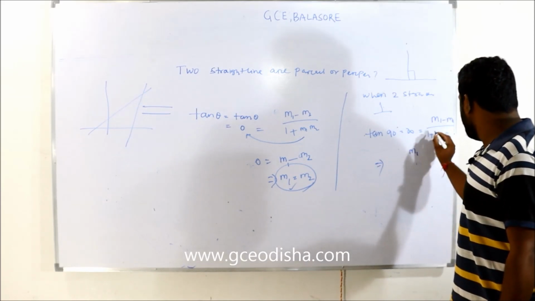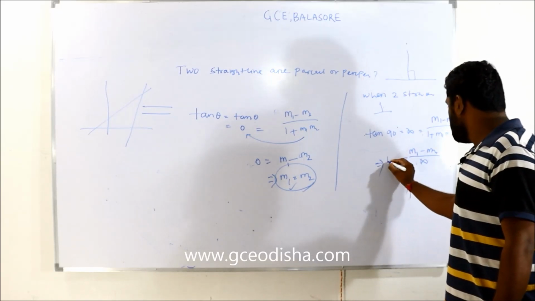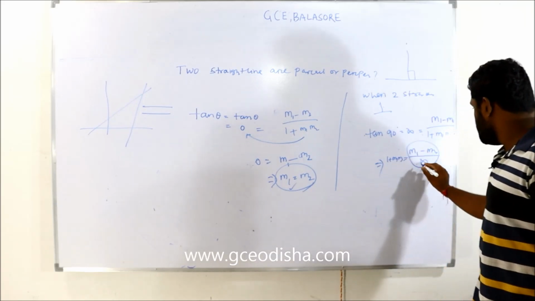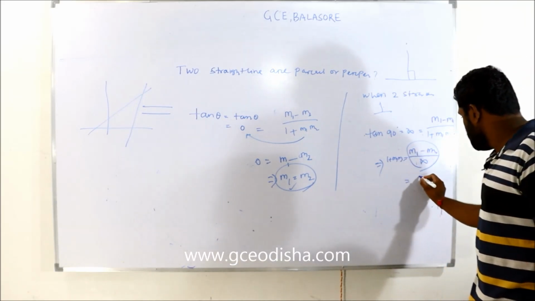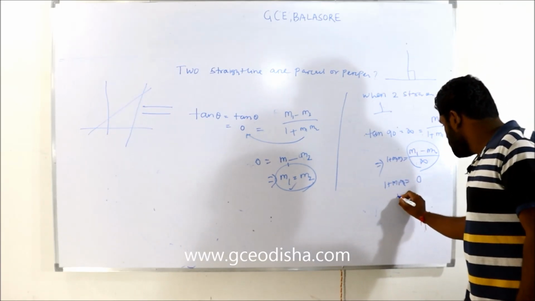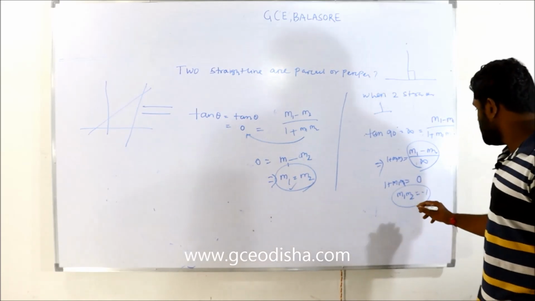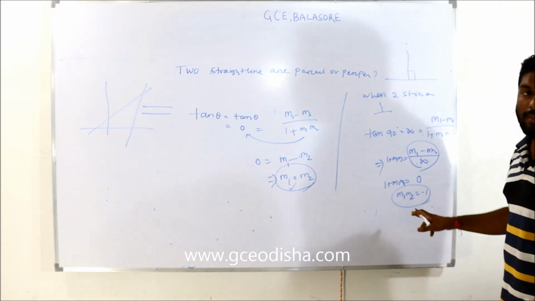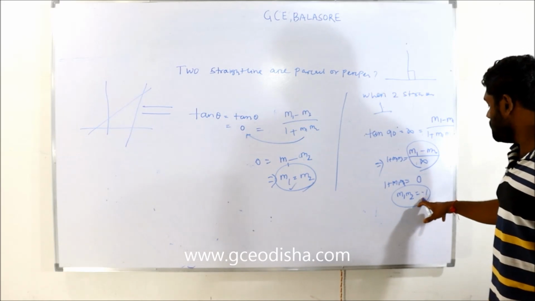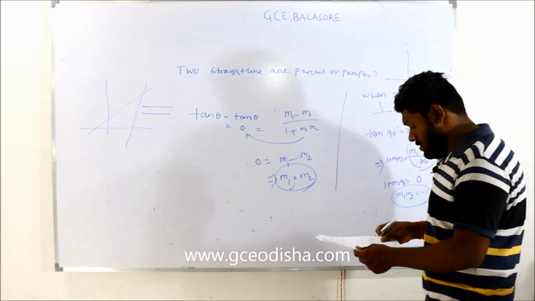If you take (m1 minus m2) divided by infinity is equal to 1 plus m1 m2, then anything divided by infinity will come 0, so 1 plus m1 m2 is equal to 0, then m1 m2 is equal to minus 1. This is the condition: when the slopes of the two straight lines are multiplied and the answer is minus 1, then the two straight lines are perpendicular.